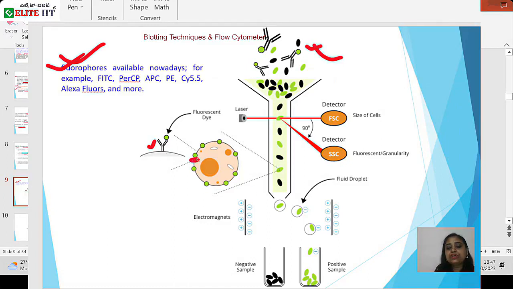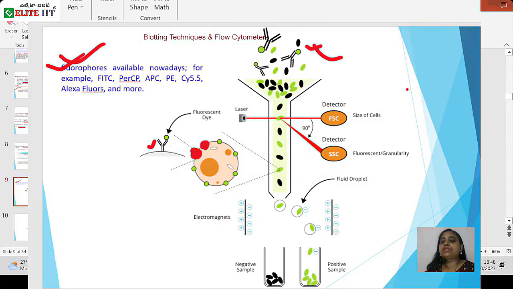It should not be green, it should be something different. If this is the particle or a cell, then on the surface of the cell there should be some antigen, right? There should be some antigen. So I think they have given it wrongly. This figure is slightly wrong, I think.